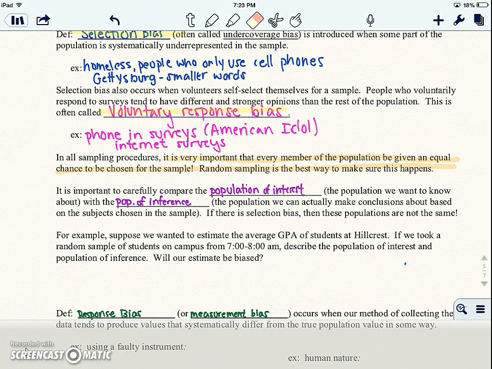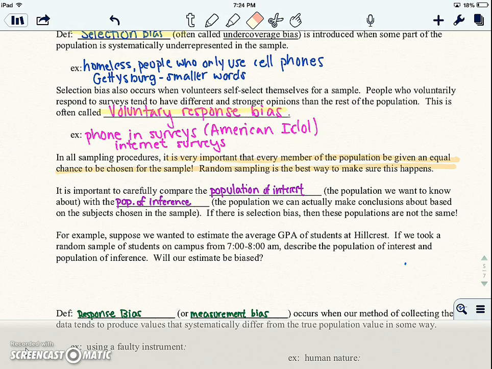If there is selection bias, then these populations are not the same. Okay, so it's really the people that answered our survey. That group of people are the ones that we can say, yes, they prefer this singer better than all of America, because not all of America called into American Idol.